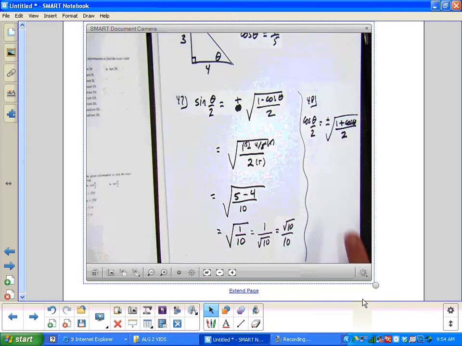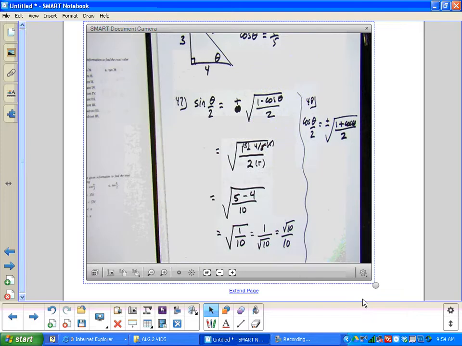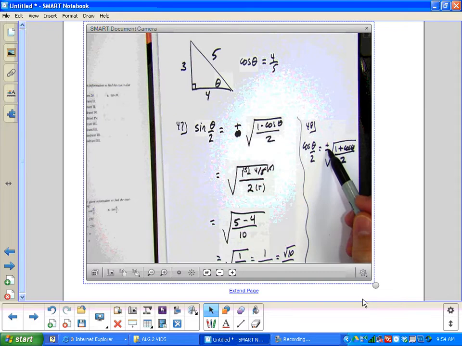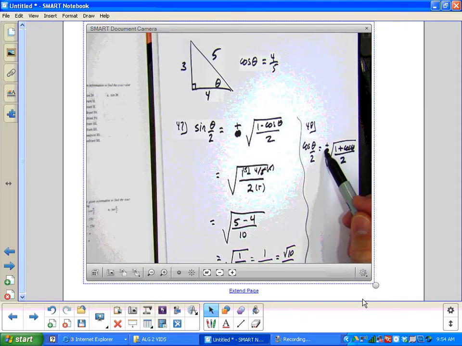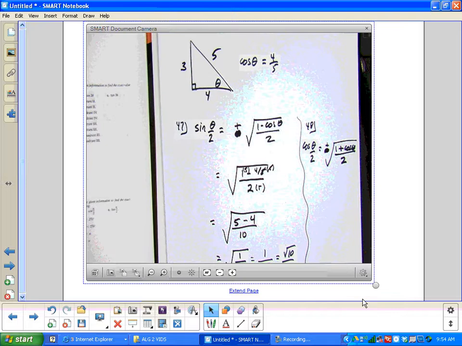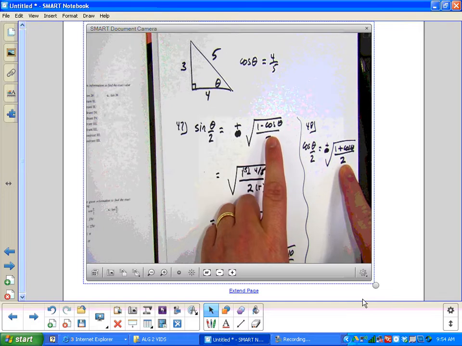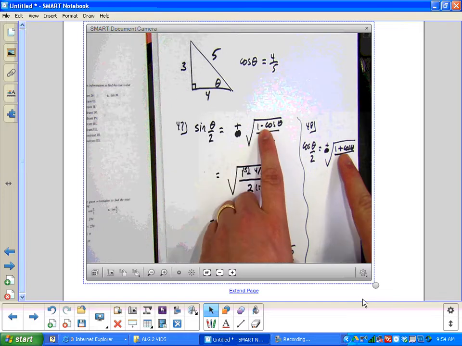Now, here again, because it's just a nice plain Jane triangle and it's not on the coordinate plane, what's the sign going to be? Positive. Okay. Now, what's the difference here? It's the only difference in my formulas now. Yeah, this is minus and this is plus.